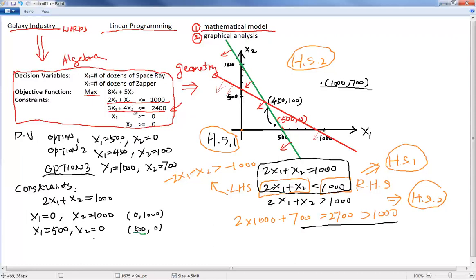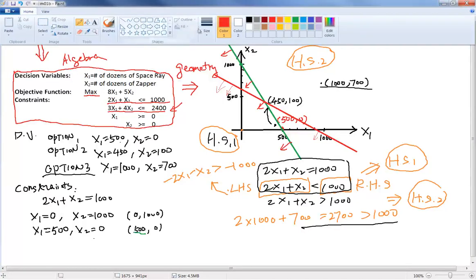And again, following the same approach, we know x1 greater than or equal to 0 indicates the half space above the horizontal axis, and x2 greater than or equal to 0 corresponds to the half space to the right of the vertical axis.